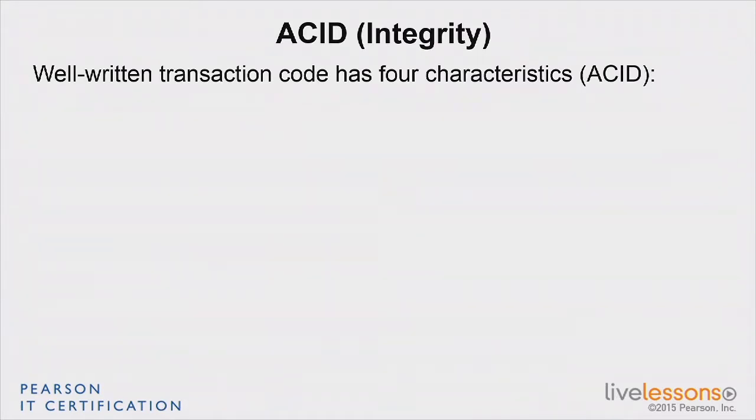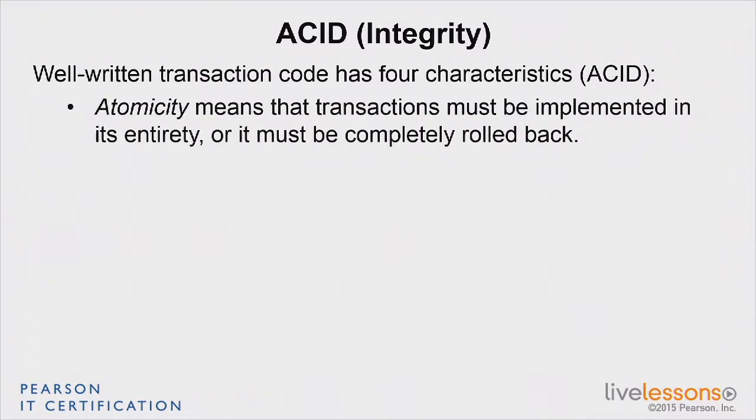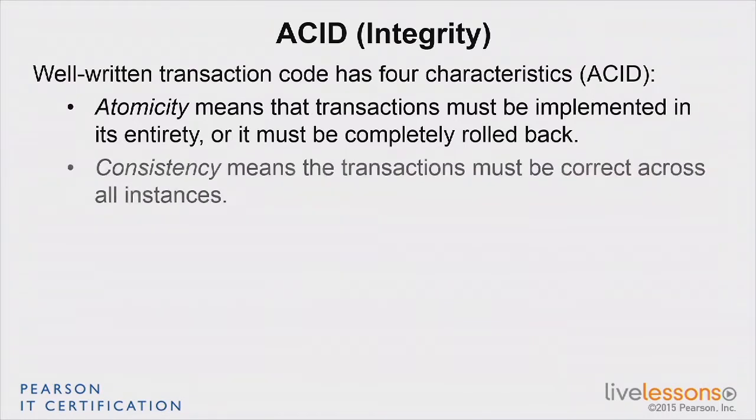A well-written transaction code has four characteristics. We're going to look at the A, the C, the I, and the D. Atomicity means the transactions must be implemented in its entirety or must be completely rolled back. Either the transaction has to completely form or it's got to be completely rolled back. That's our A. Our C is consistency, meaning the transaction must be correct across all instances.